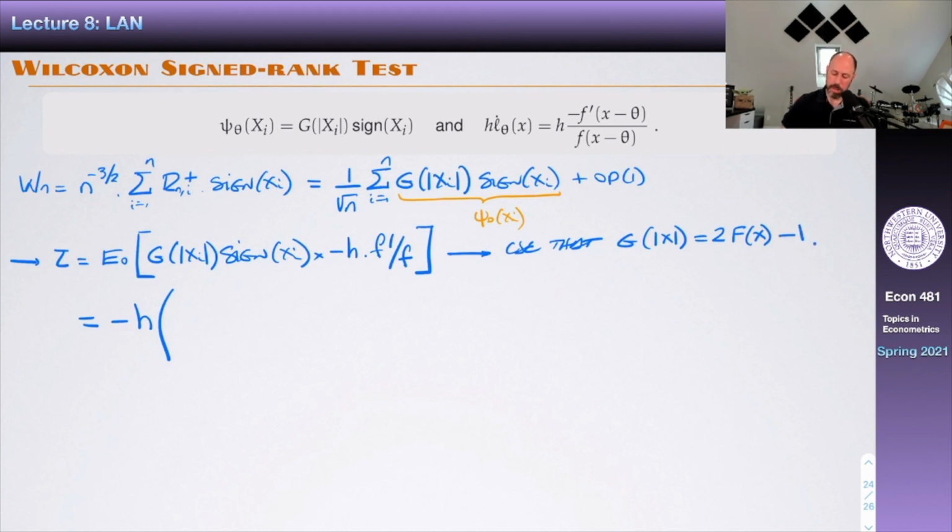And so the sign is 1 if x is positive. So this is going to be the integral from 0 to infinity of 2F(x) minus 1 times f prime(x) dx, minus the integral from negative infinity to 0 of the same object.